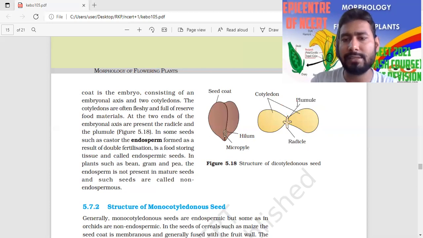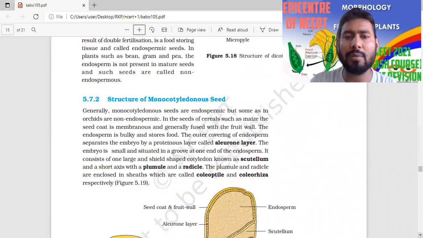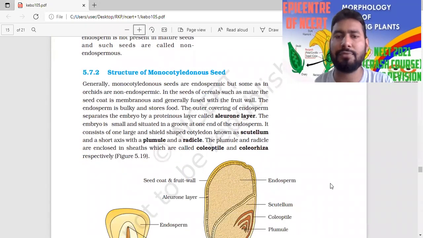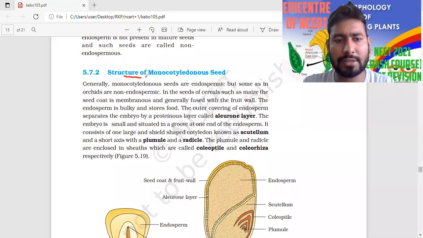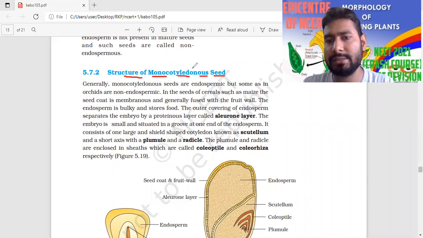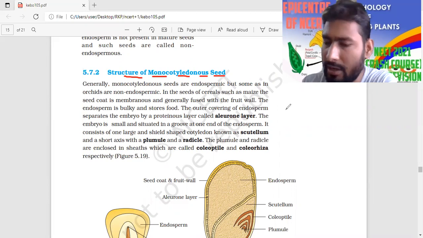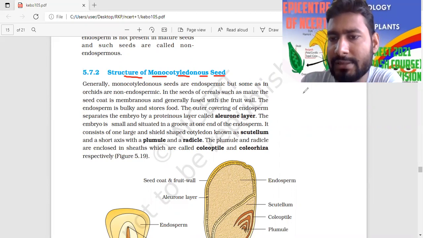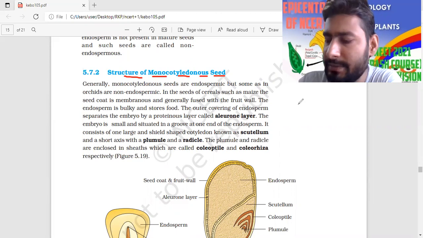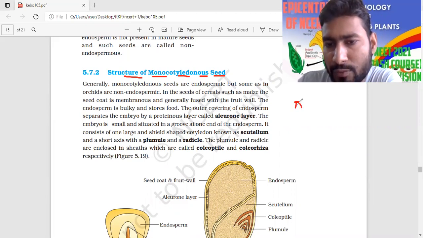Now, a very interesting structure, the monocot seed, and it is very important. Many times they have asked questions from this in your NEET exam. Now, structure of the monocotyledonous seed. Before I talk, you have to learn some important properties, similar to the dicot seed. Monocot is an albuminous seed.